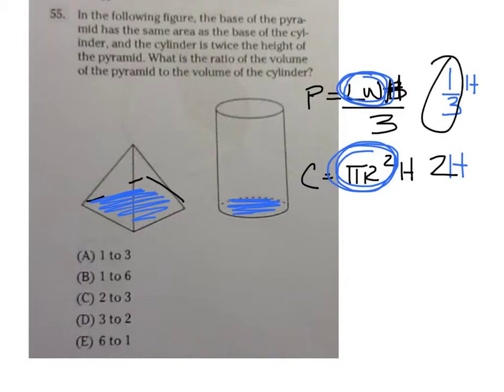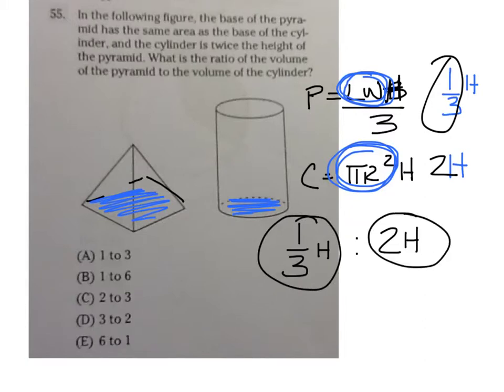So look down here at your choices. Is there anything we can eliminate, or do we need to do some more work? Alright, we have 1/3 h compared to 2h. If I multiply this by something, I've got to do the same thing over here.